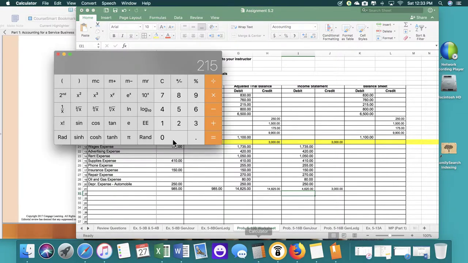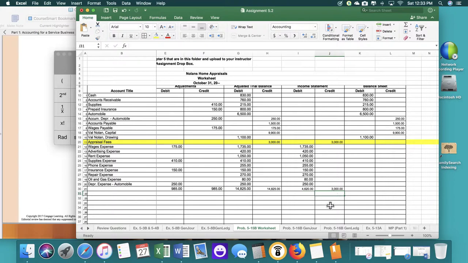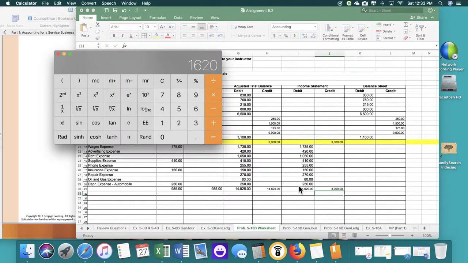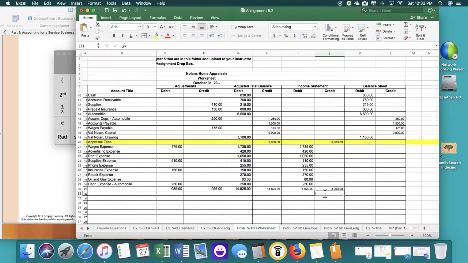So to figure that out, I'm going to take $4,620 minus $3,000. Gives us $1,620. So we're going to put that, since it's a net loss, we're going to put it in the credit column. We always want to keep the larger amount. So that's going to be $1,620.